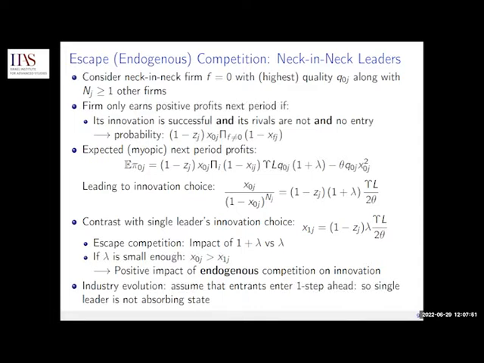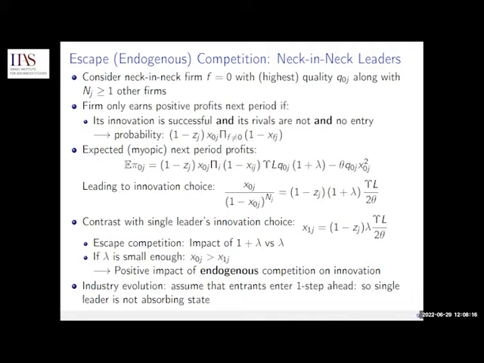So if you're neck and neck, then you're only going to earn positive profits if your innovation is successful, right? Like you move ahead, and none of your rivals' innovation is successful, because then you again end up with multiple firms being neck and neck at the last one, and you don't get wiped out by entry, right?